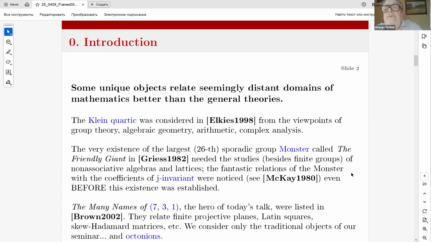So the two examples are the Klein quartic, about which and about whose relations with the main topics of our seminar we spoke a lot, and the other example is very well known: the monster.